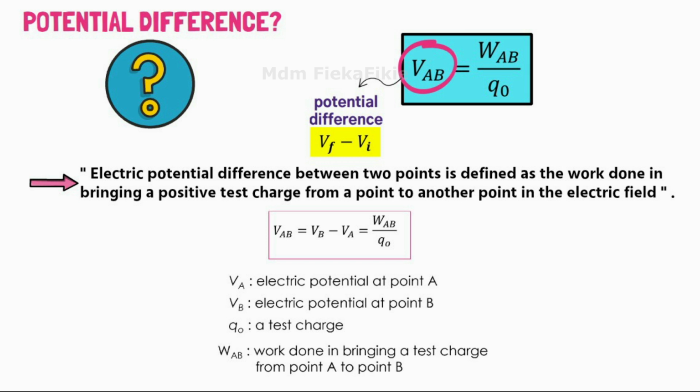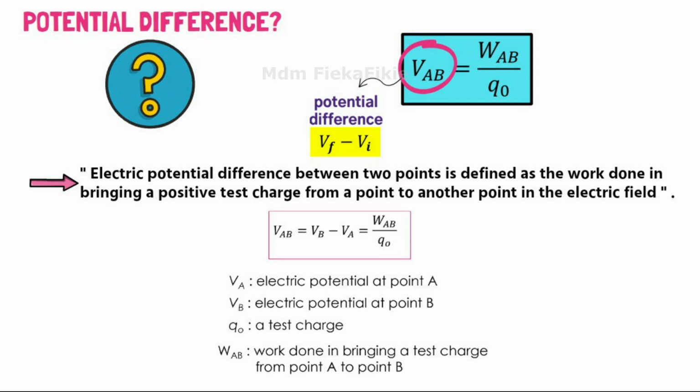Where Q0 is the magnitude of the test charge, where VA is the electric potential at point A, and we need to calculate using the equation KQ over R, while VB is the electric potential at point B. Okay, so based on this equation, we can relate the potential difference between 2 points with the amount of work done in order to bring a positive test charge from one point to another point.